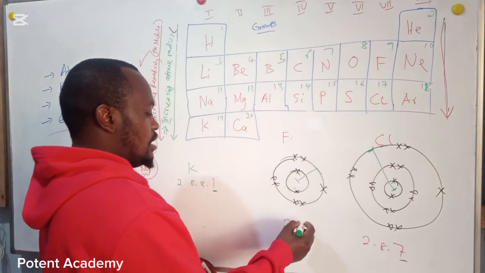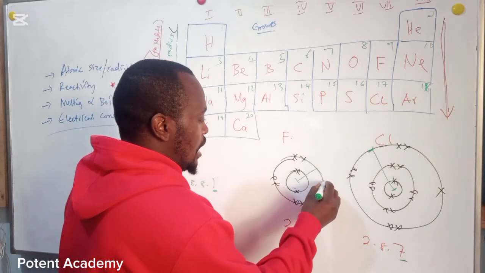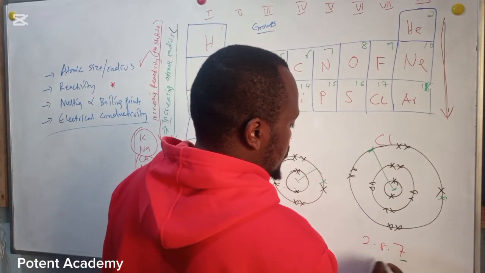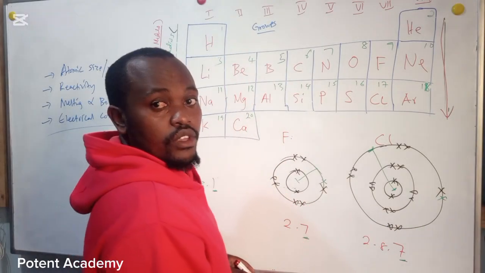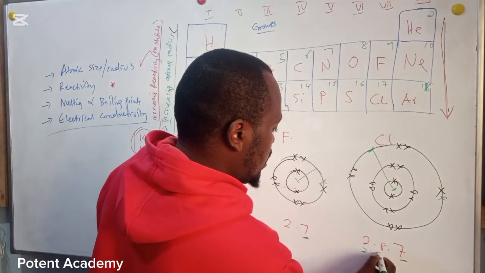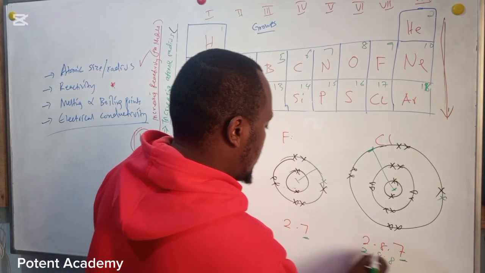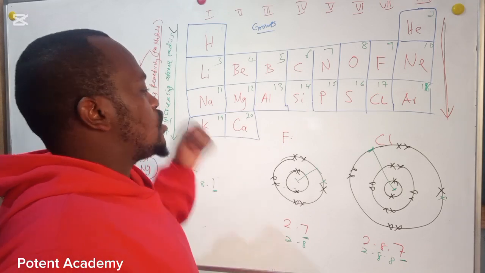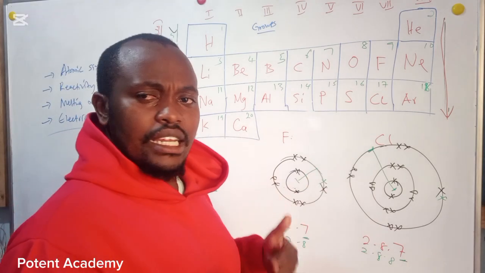So this one will react by adding an electron. This one too will react by adding an electron, and the new electronic configuration will be 2, 8, 8. And this one will be 2, 8, the new electronic configuration.